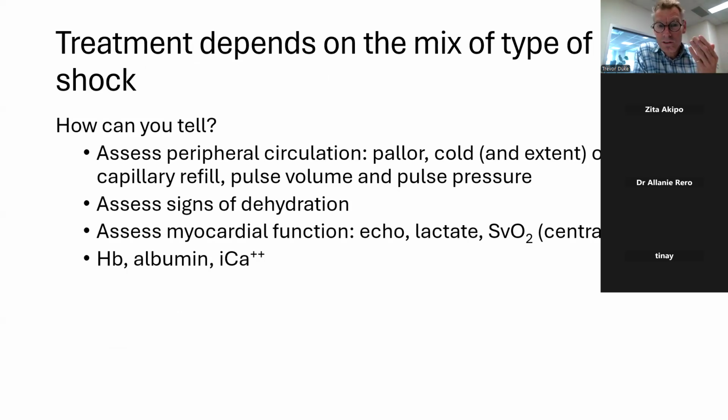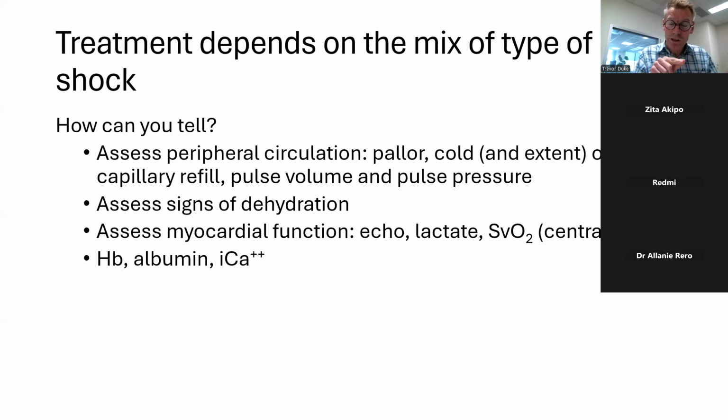Well, you can assess the peripheral circulation. Do they look pale? And assess their capillary refill, their pulse volume, and their pulse pressure. If you've got a child who's got cold hands and feet, and cold limbs, and their pulse pressure is very low, and they've got a marked tachycardia, they've probably got an element of hypovolemia and may have an element of cardiogenic shock as well.